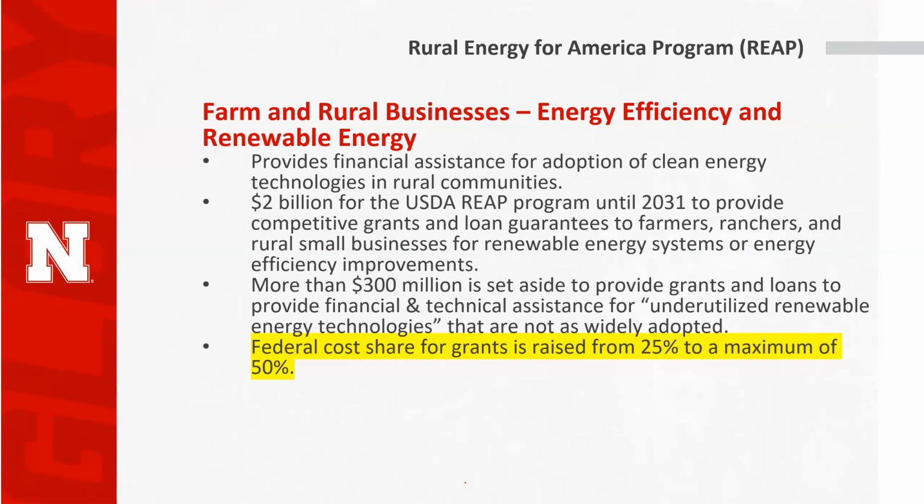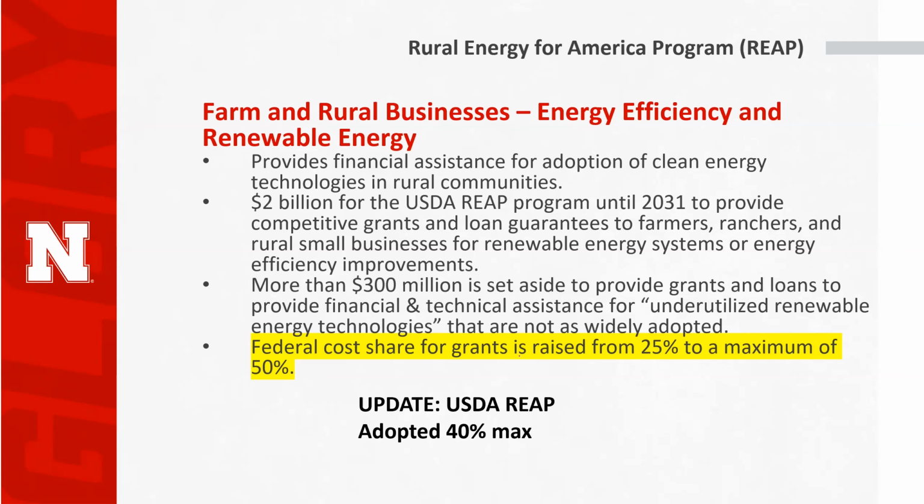So lastly, the Inflation Reduction Act funded more heavily the Rural Energy for America program under the USDA Rural Development. And by giving more money to that, there's more money for energy efficiency and renewable energy projects for farmers. And then also they upped the cost share of that from 25% to a maximum of 50%.